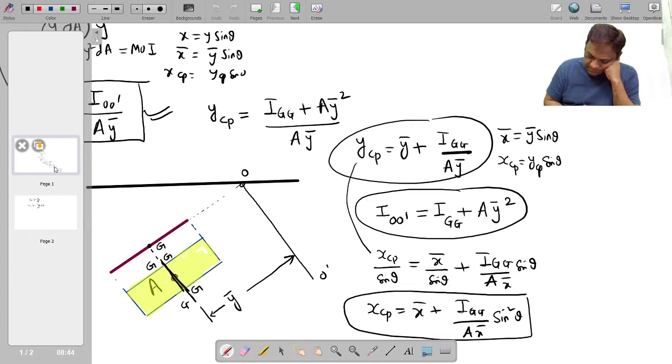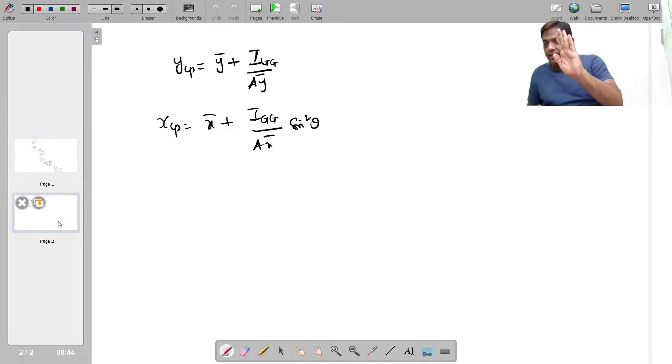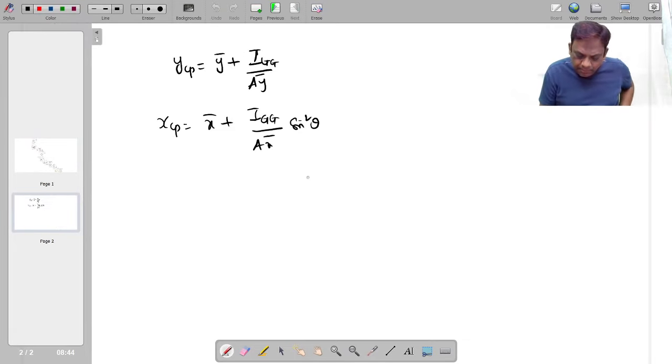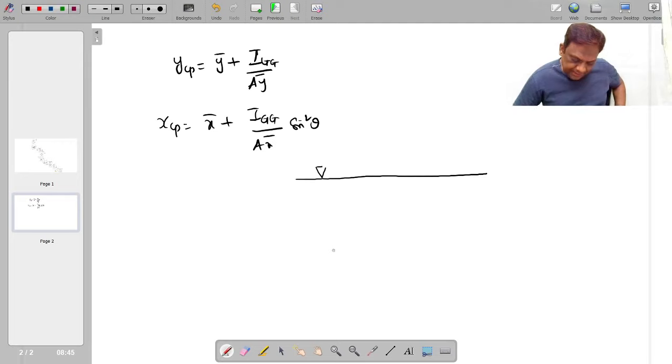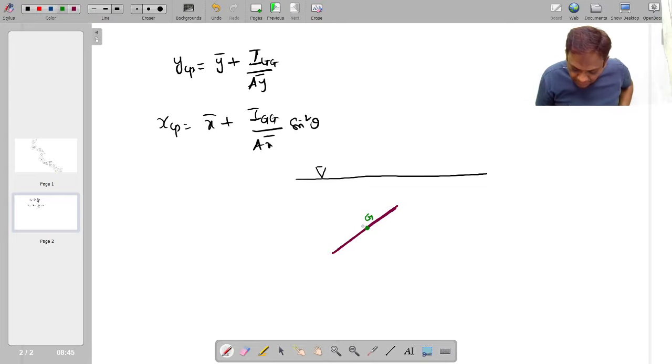Let me check. I will tell you very clearly now. Please understand. Let us assume that this is a free surface and there is an object. Let this be the center of gravity, and this we write as x bar.